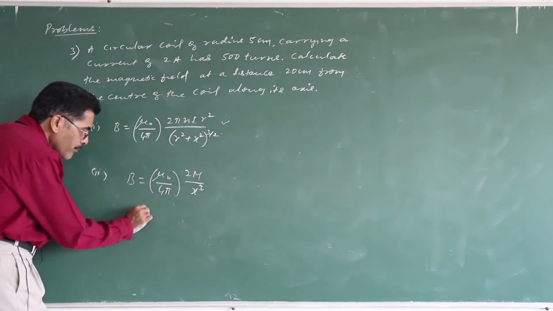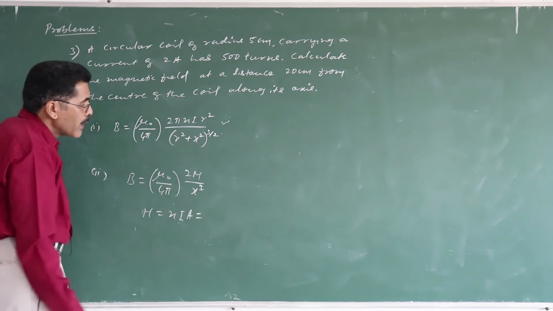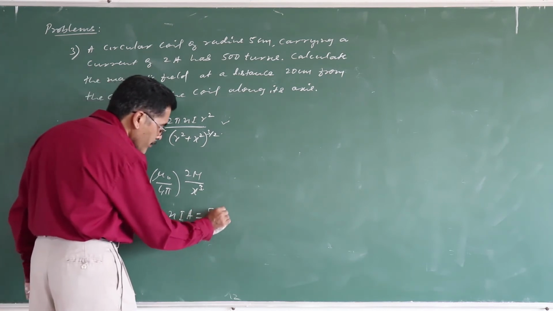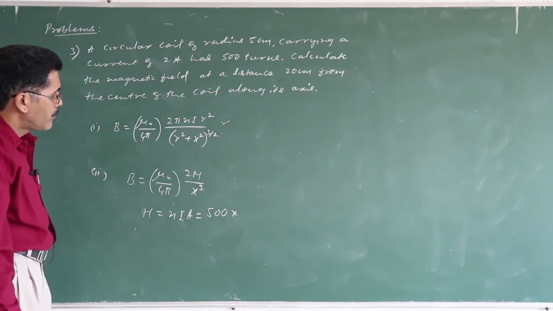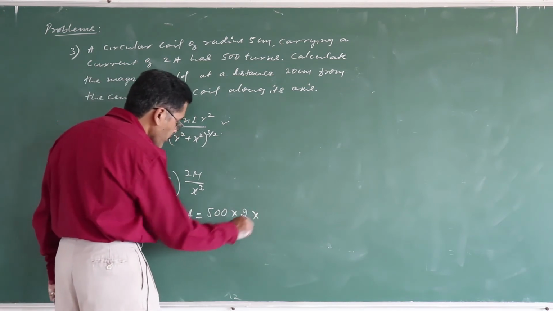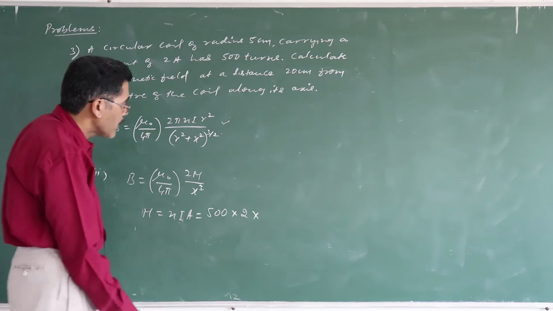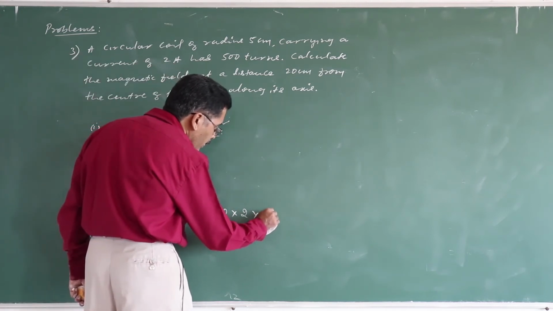See here, what is m? M is equal to n into I into a. What is n? N is 500 turns. I is 2 ampere. Current of 2 ampere is flowing. And what is area? Area is pi r square, pi 3.14.